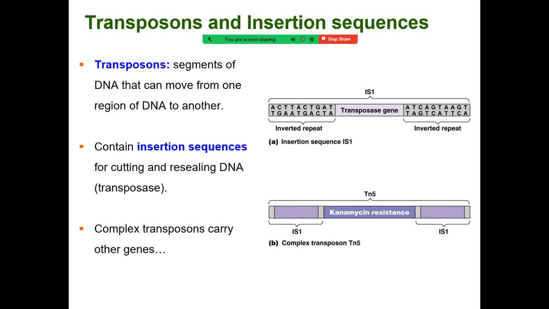And then it can carry a piece of DNA from one region to another. And this can be important, like if kanamycin resistance is the gene in the complex transposon. Why that's important is that the transposon can bring the kanamycin gene into a plasmid, because transposons don't care where they move to.